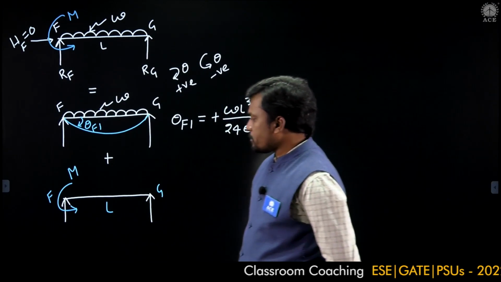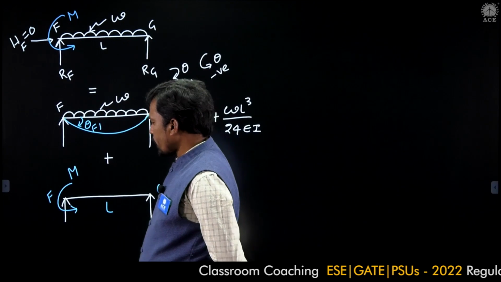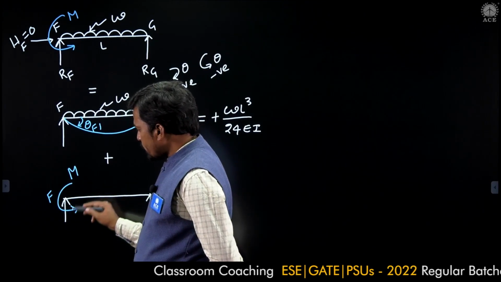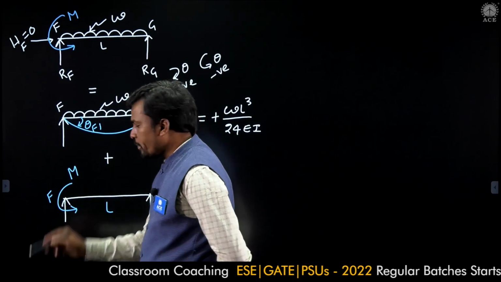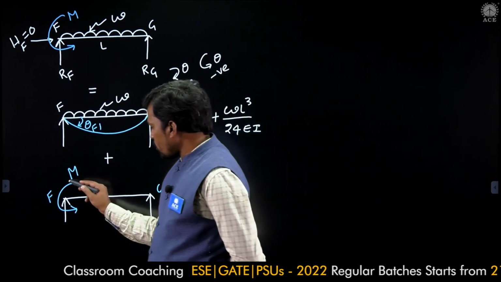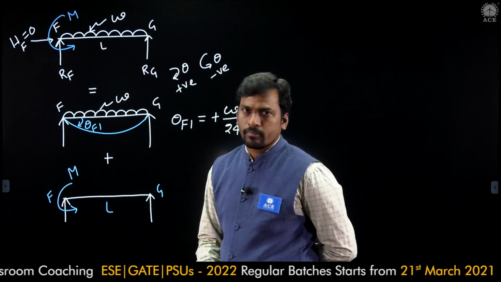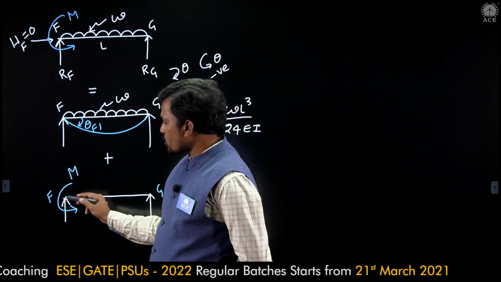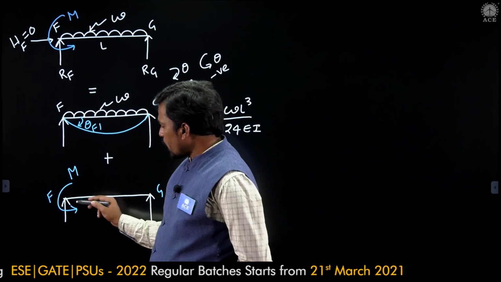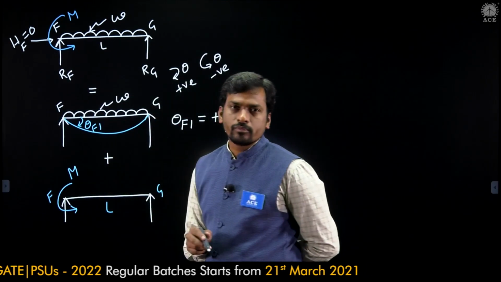Then similarly, how will it deflect? Is the moment clockwise or anti-clockwise? The moment is anti-clockwise. If the applied moment is anti-clockwise, rotation at F is also anti-clockwise. Then to get anti-clockwise rotation at F, shall we draw the deflected profile above or below?